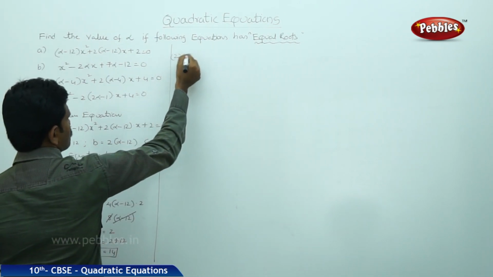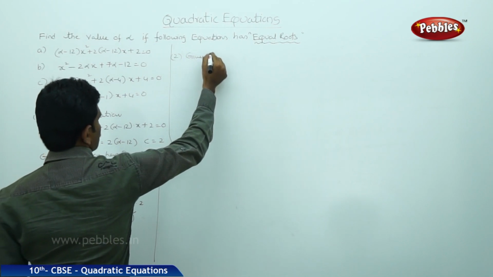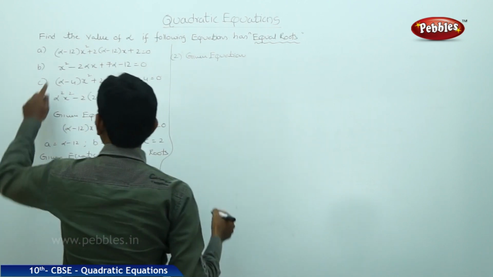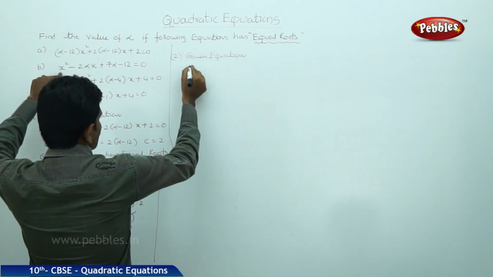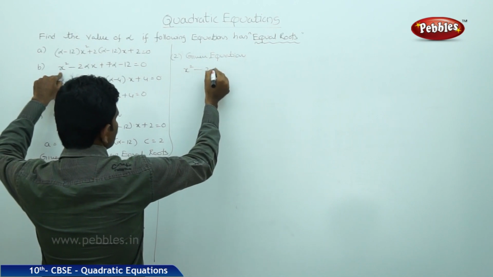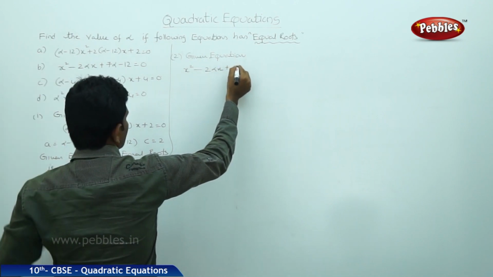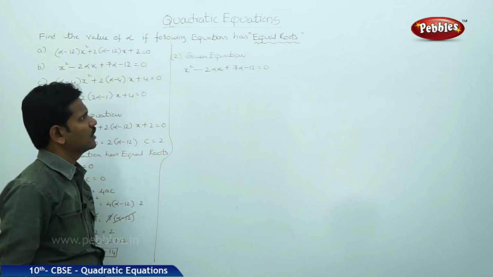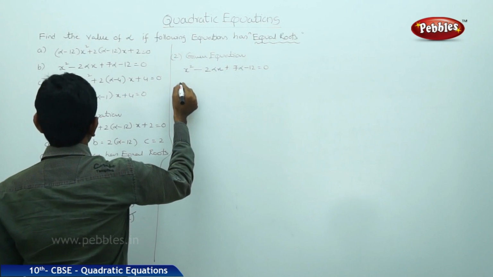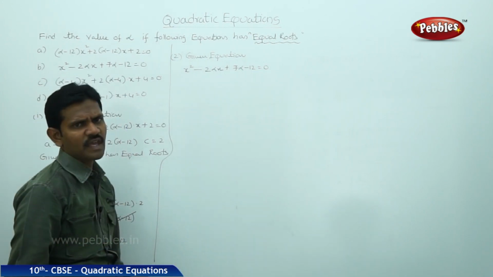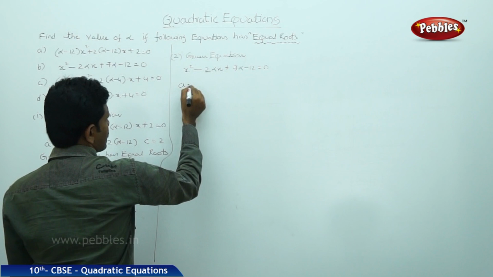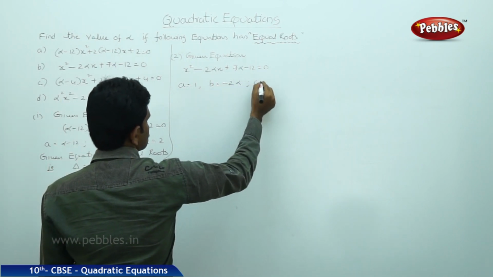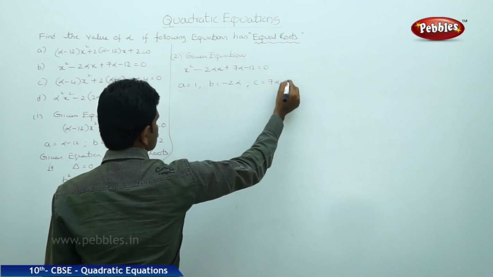Come to second question. Given equation x square - 2 alpha x + 7 alpha - 12 = 0. That is, find out the values of a, b, c. A value 1, b value -2 alpha, c value 7 alpha - 12.